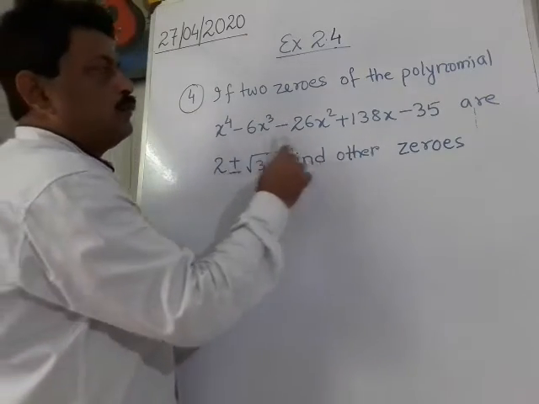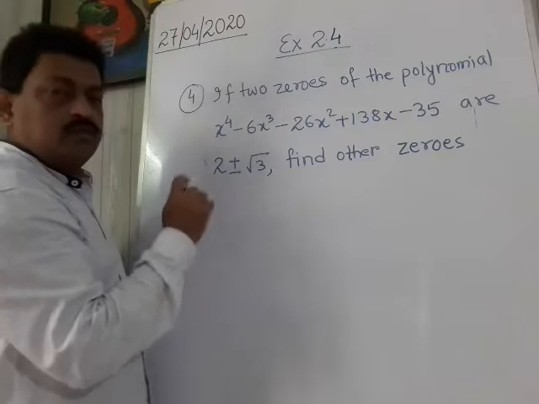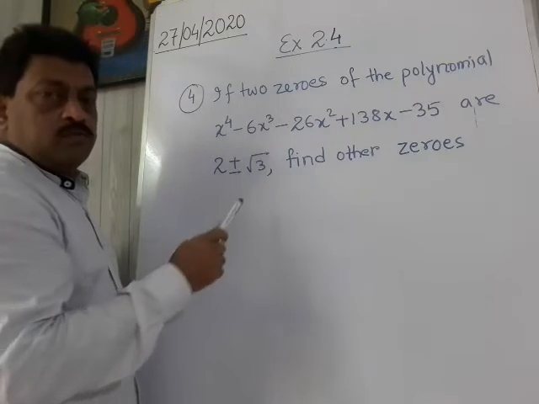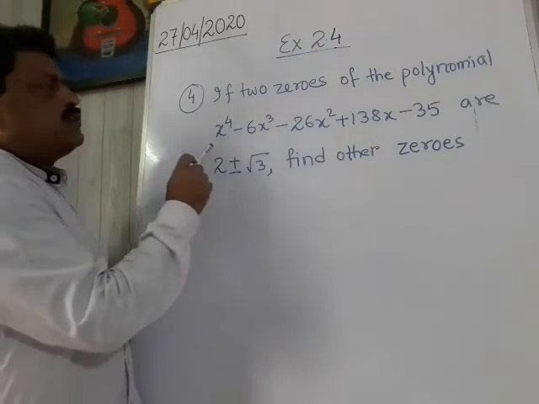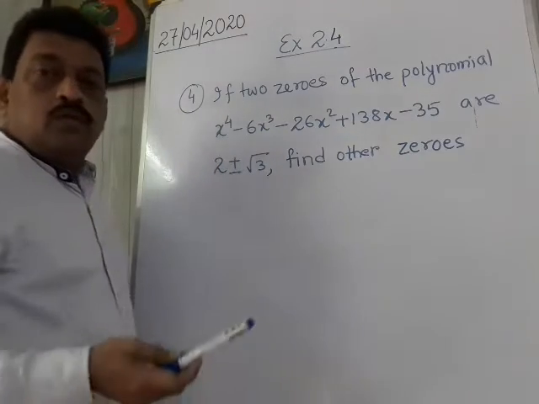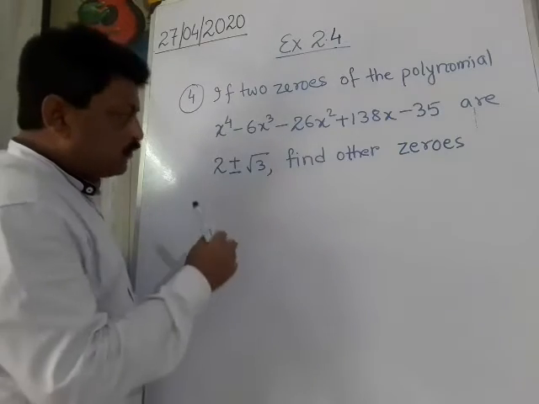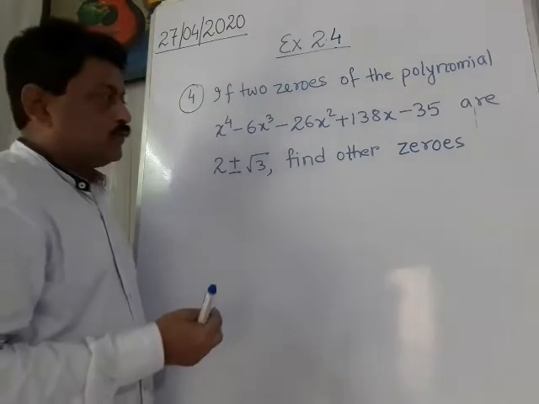Means a polynomial is given whose two zeros are given here. 2 plus minus root 3 means one zero is 2 plus root 3 and another is 2 minus root 3. We have to find other zeros. Now check this. The degree of this polynomial is 4. So we will have at most 4 zeros. Out of that, 2 is given to us. We have to find the remaining zeros.